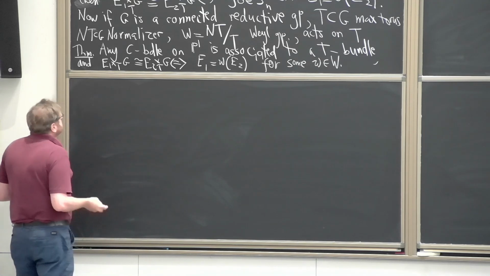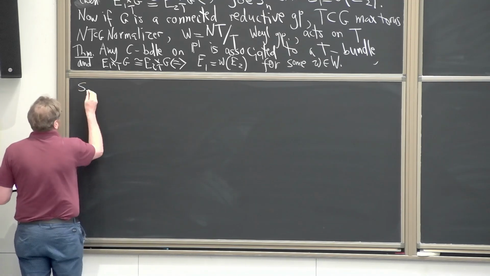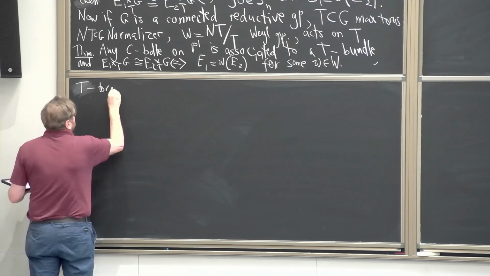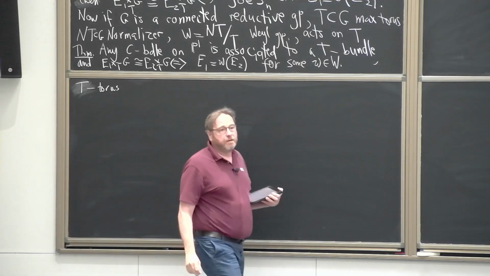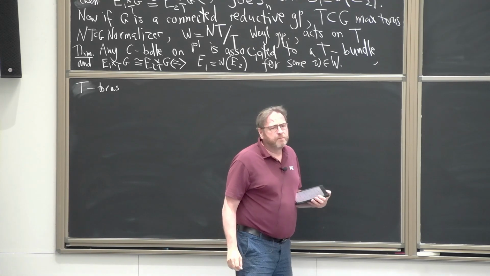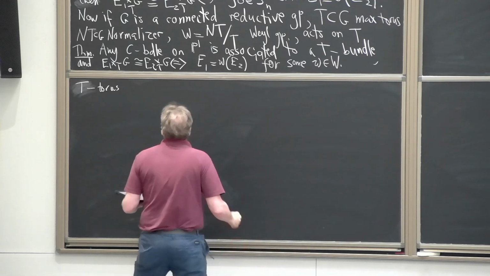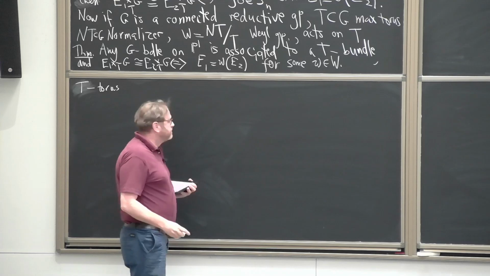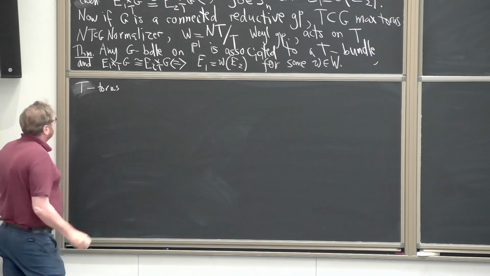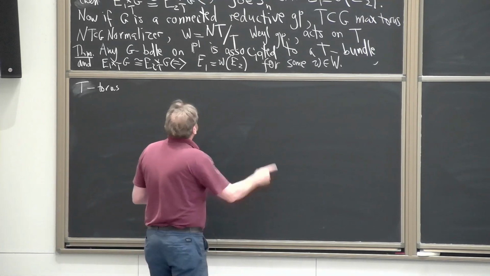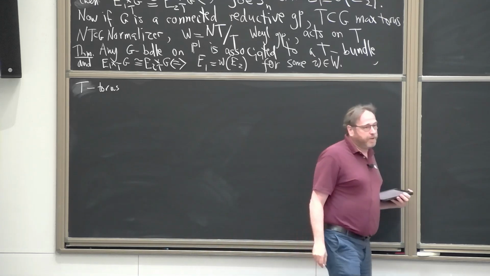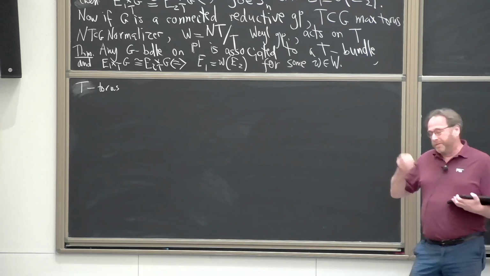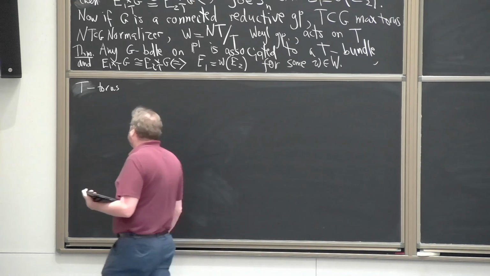And so what this says is, now suppose T is a torus. As I said, a torus is isomorphic to C star to the n, but in many different ways because there is an SL_n(Z) acting.